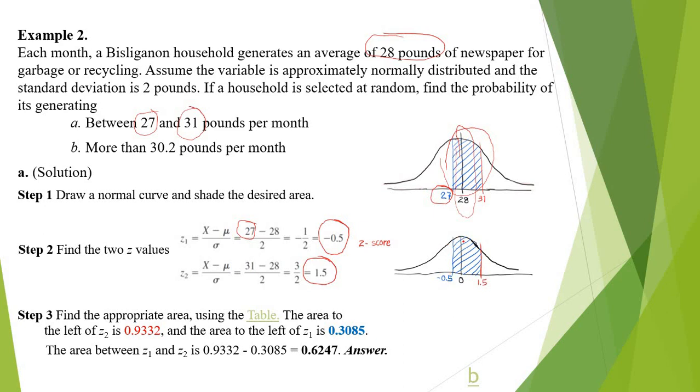So we are interested in finding the area between z equal to 1.5 and z equal to negative 0.5. So to find the appropriate area, we will be using the table.